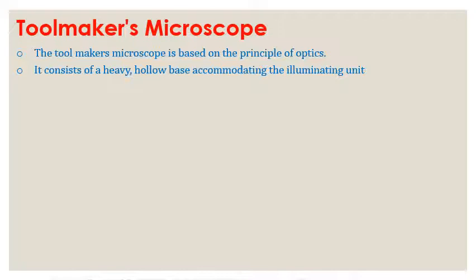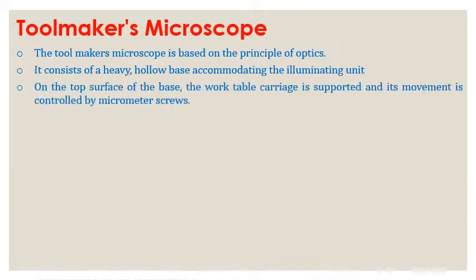It consists of a heavy hollow base accommodating the illuminating unit. On the top surface of the base, there is a work table or a carriage which is supported, and its movement is controlled by micrometer screws. One is for the transverse direction, one is for the longitudinal direction.